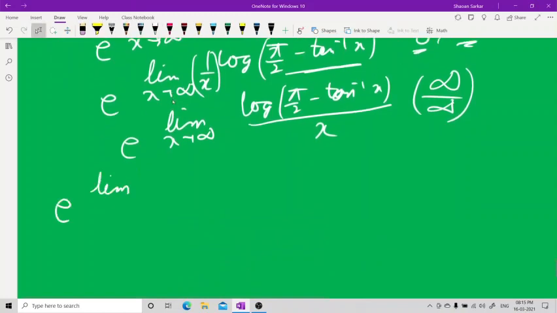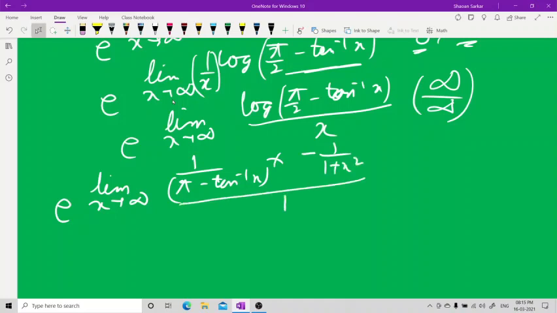Limit x tends to infinity of 1 upon (pi by 2 minus tan inverse x), and then by chain rule into minus 1 upon 1 plus x square, by 1. Now you rewrite and rearrange everything.